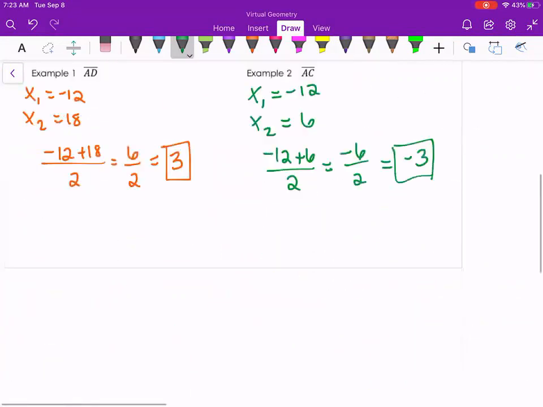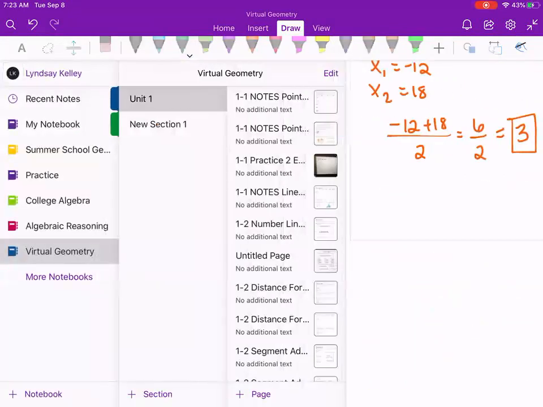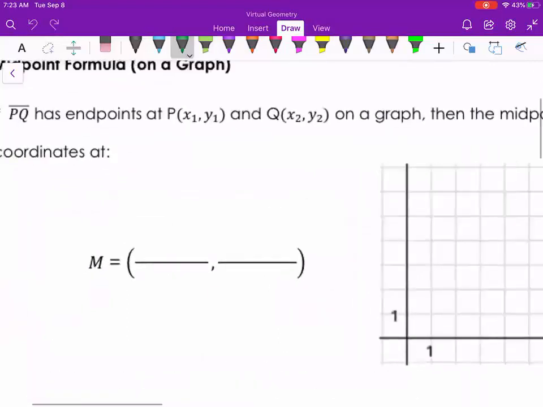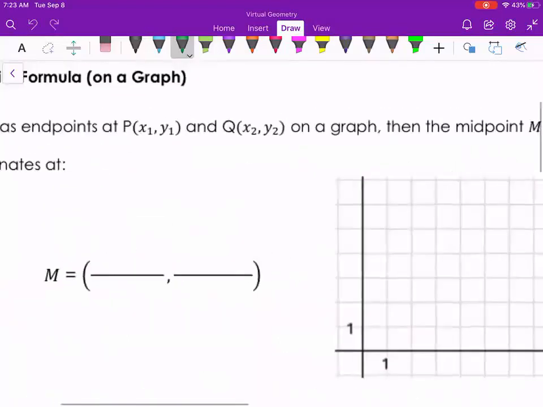So let's keep going. Not always are the midpoints we're dealing with going to be on just a plain number line. Sometimes our midpoints come on a graph, just like we saw with segment distance. So this time, let's see what kind of formula we have. This time we have 2 points, and both of them now have an x and a y.